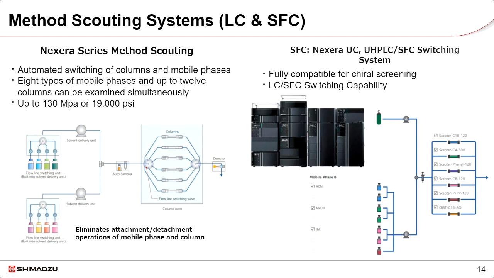So when using LC, the Nexera series method scouting system enables the handling of up to 8 different mobile phases and up to 12 columns at up to 130 megapascal, or about 19,000 psi. What this does is eliminates the user's need to ever grab for a wrench or to take any steps that remove the automated nature of the system in terms of selecting solvents and selecting columns.